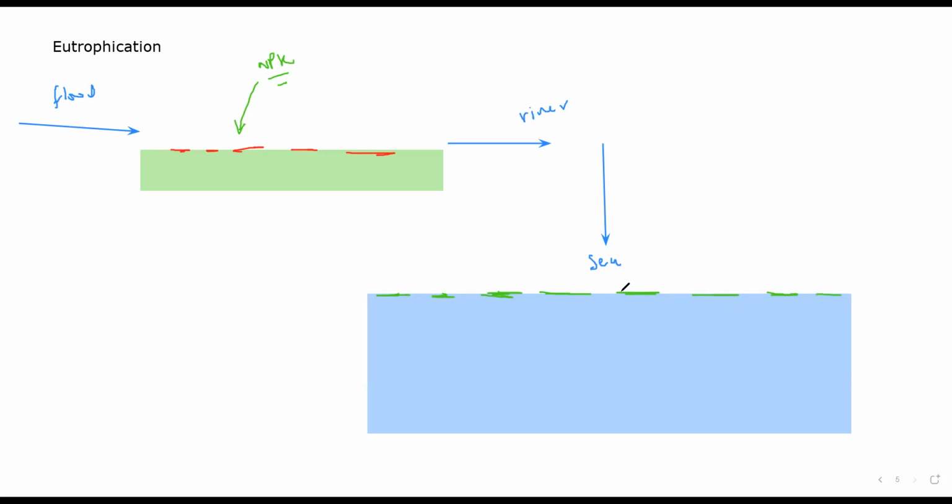As these plants grow at a greater rate, it does two things. Number one, it reduces the amount of sunlight which enters the water, because most of the sunlight is absorbed by the green plants growing at a rapid rate due to the presence of the fertilizer.